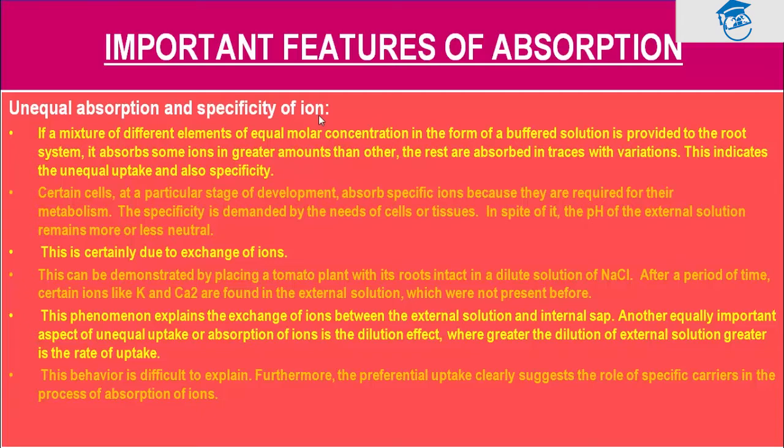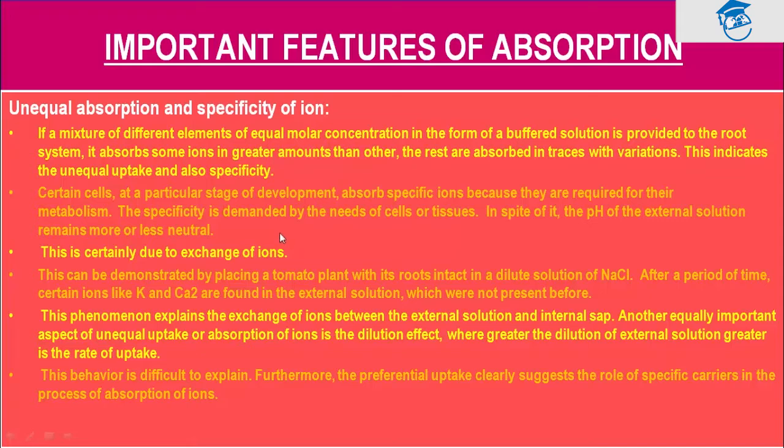Suppose you have mixed different elements of equal molar concentration in the form of a buffer solution, and you provide this to the root system. It absorbs some ions in greater amount than others. The rest are absorbed in traces, with variation. This indicates the unequal uptake of ions and also specificity.